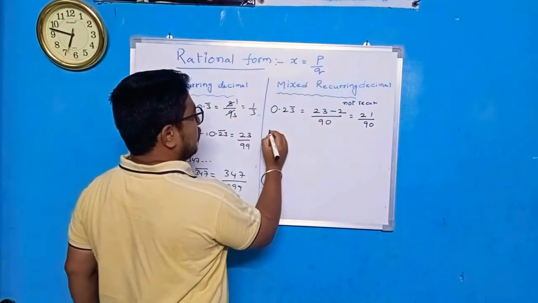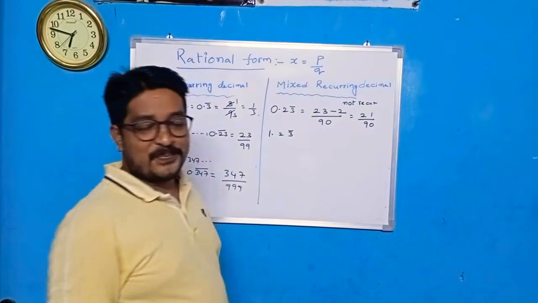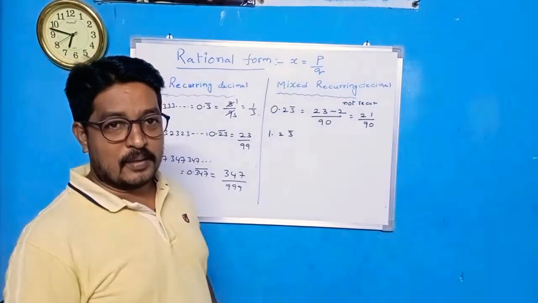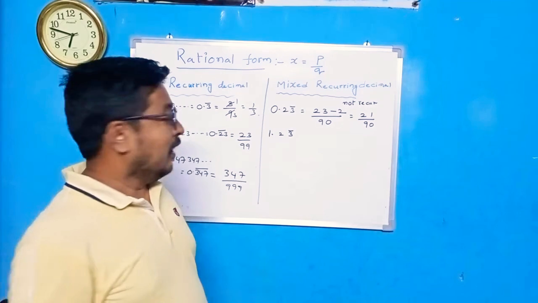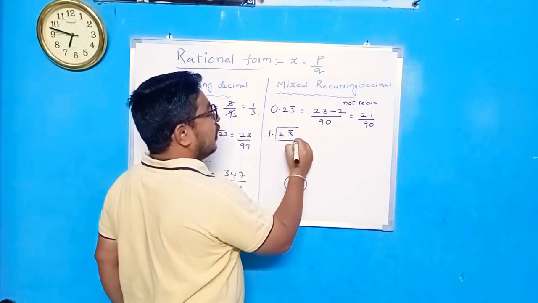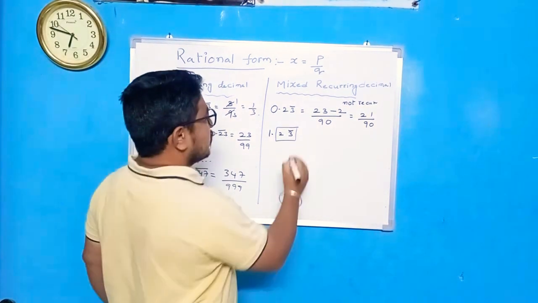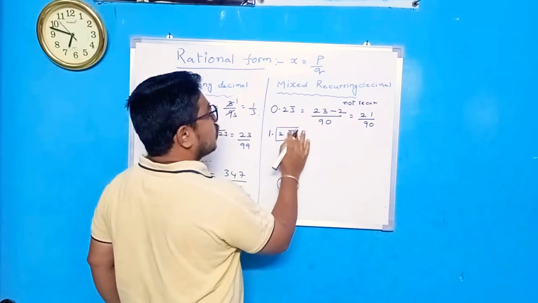Suppose the same, this one: 1.23 bar. How can we write this one? We want to write the denominator for the part after the decimal. What is the total number?